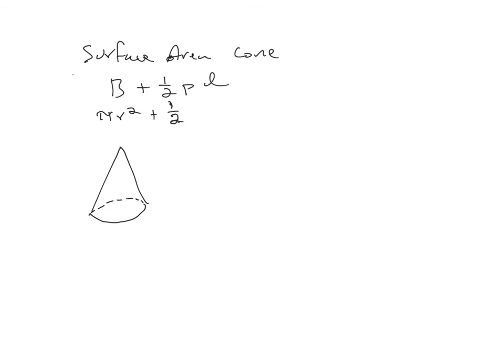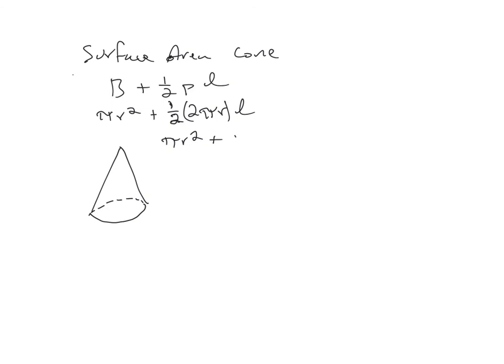So pi r squared for the area of the base, half perimeter of the base, the perimeter of a circle is 2 pi r, and then we'll have the slant height. So when I do this formula, I do pi r squared, and then half of 2. The half is always there, the 2 is always there, so the only thing that's different is you need the radius and you need the slant height.